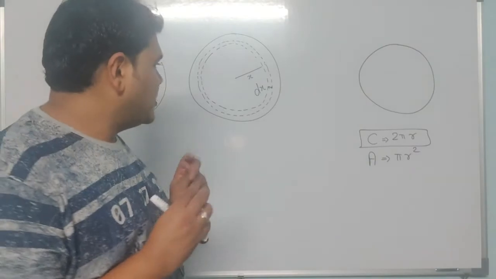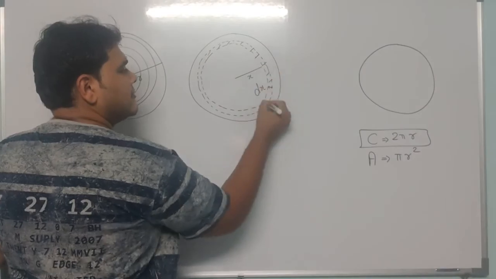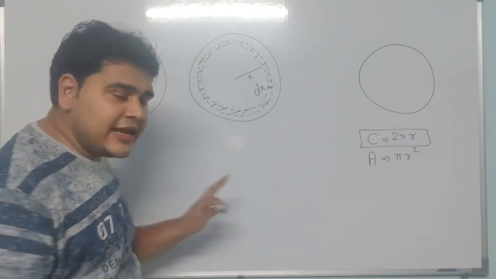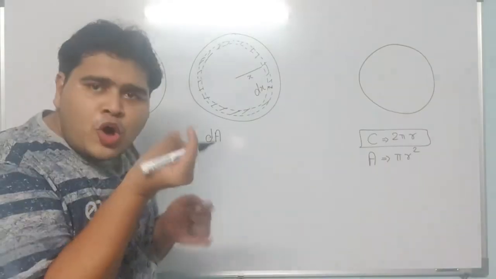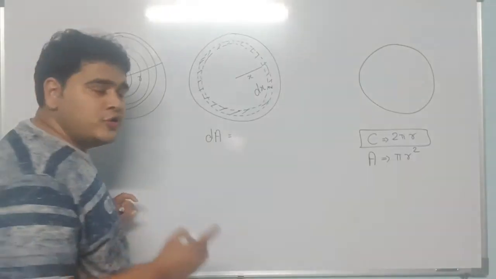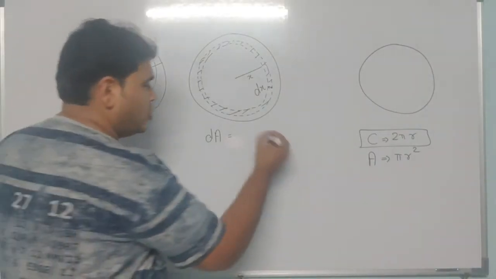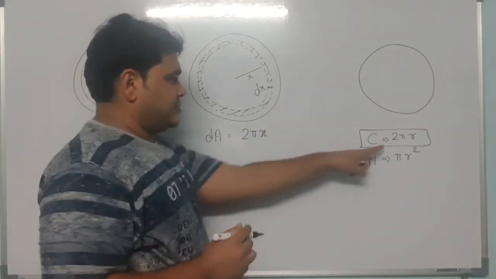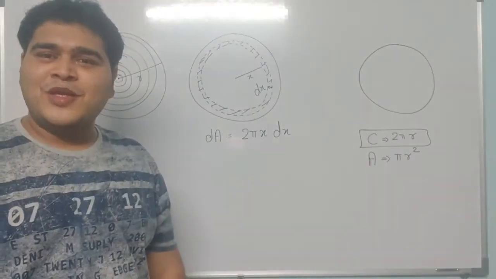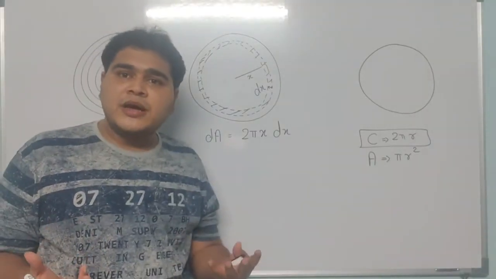So now, if I want to find the area of this part, can I say it's going to be dA? Because it's a small circle, so small area, dA. Can I say it is going to be the circumference of this circle into the thickness? So 2 pi x, as per the formula, circumference, into the thickness, dx. So our area is the circumference into the thickness. We want the area.